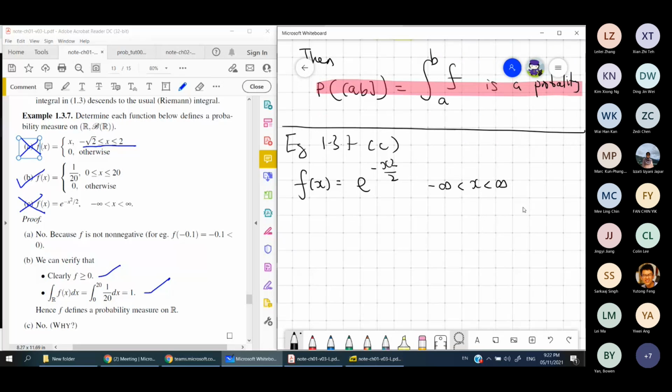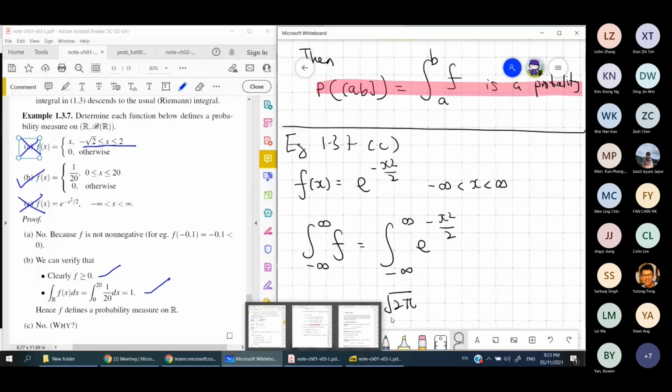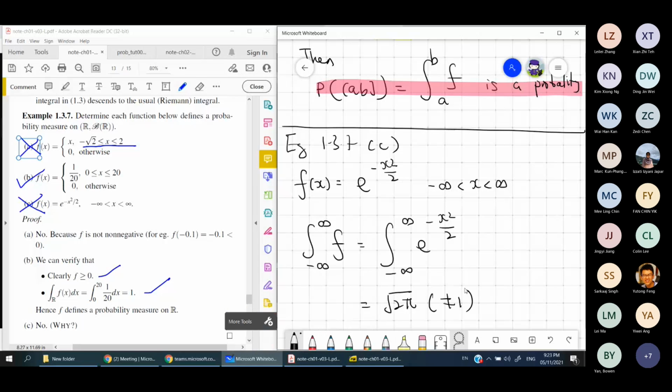So you can verify the reason if you integrate f from negative infinity to infinity. The reason why I want to put a factor here is that without that factor, it will give you the value square root of 2 pi. So this is not equal to 1.